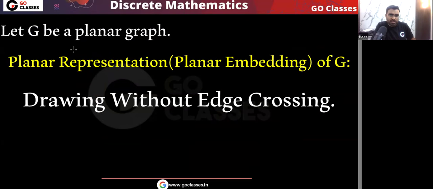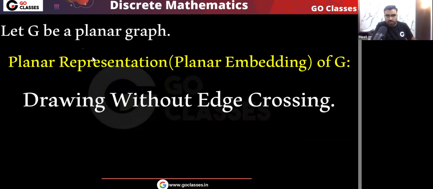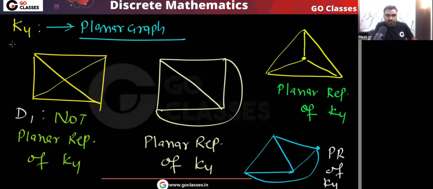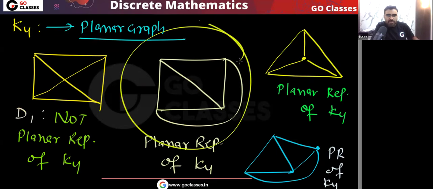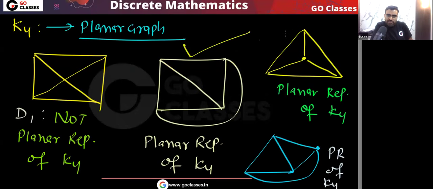There is at least one way to draw this graph on the 2D paper without edge crossing. Planar representation means drawing without edge crossing. K4 is a planar graph, we already know, but this drawing is not a planar representation. This drawing is a planar representation because it is drawn without edge crossing. This is also a planar representation of K4.